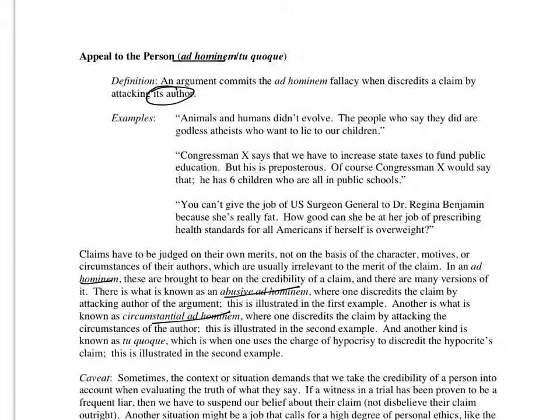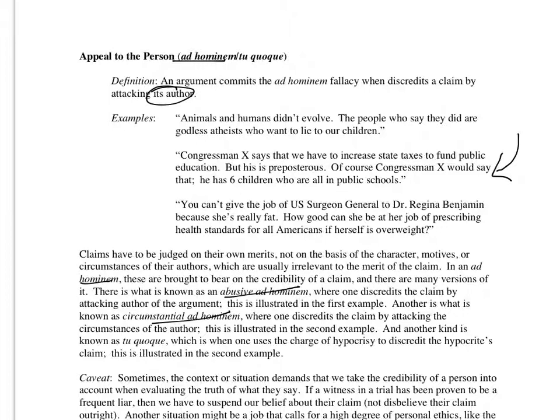So for example, let's just take a look at this example here. Suppose somebody says, Congressman X says that we have to increase state taxes to fund public education. But this is preposterous. Of course, Congressman X would say that because he has 6 children who are all in public schools.